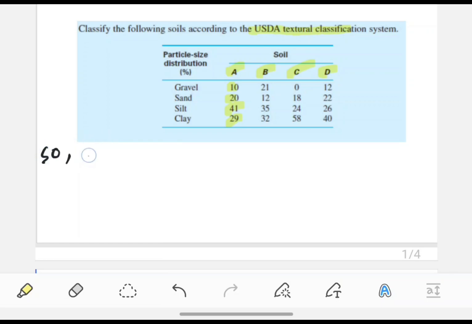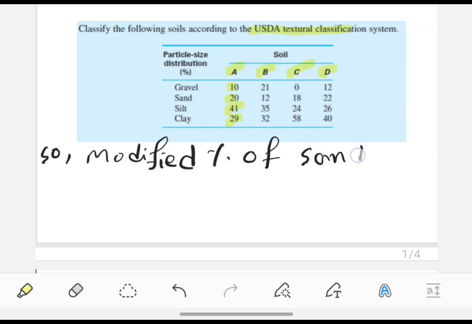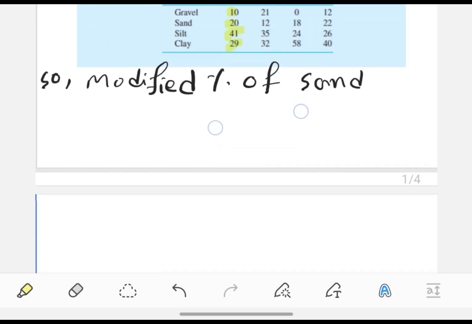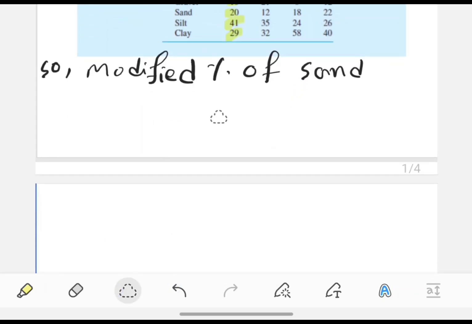So, modified percentage of sand. Sand modified percentage equals to sand percentage over total percentage minus gravel percentage.